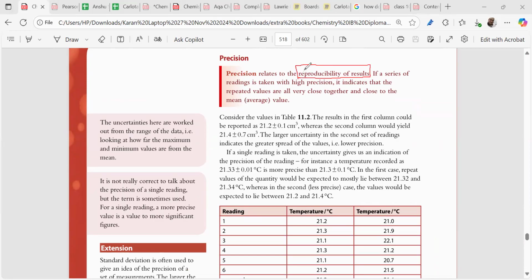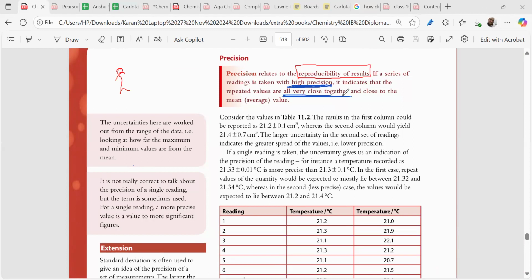If a student is doing the experiment very precisely, that will give the reproducible result also, isn't it? The readings are taken with high precision. When you do any experiment with high precision, you'll see that the values are very close together.